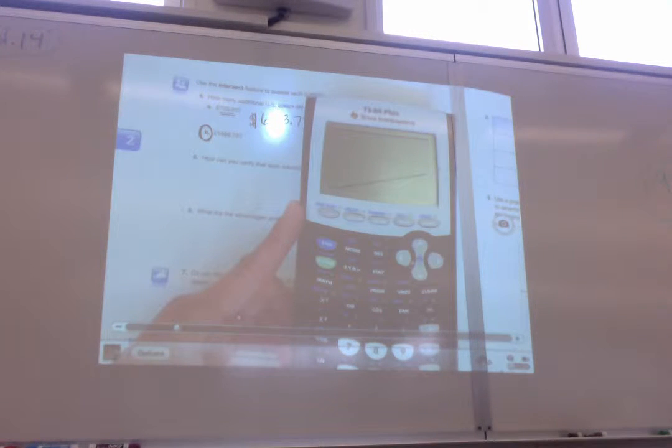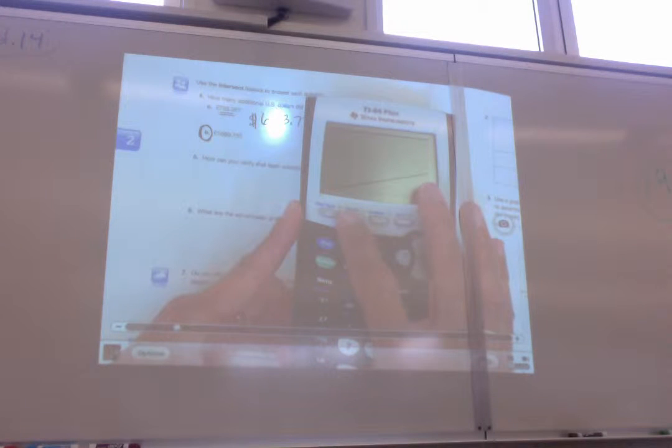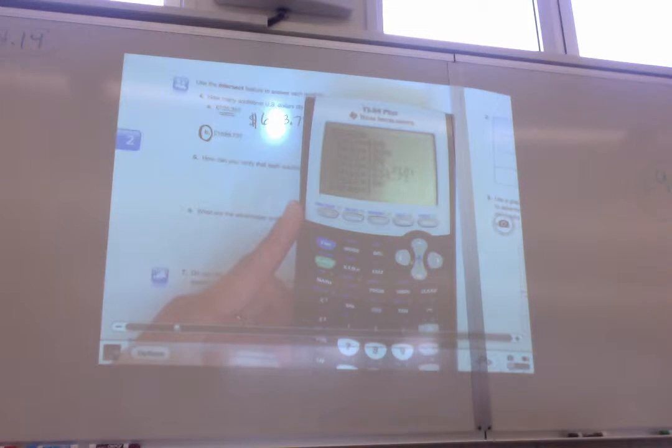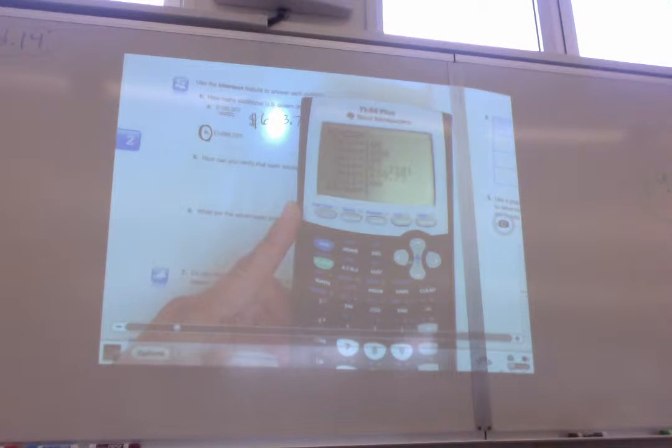Oh, man. Is that the way at the top? At the window, let's see. We need more X's. So we have an X max of 1,000. Remember how much money it came out for dollars? Like 680? Well, let's say 3,000 here.